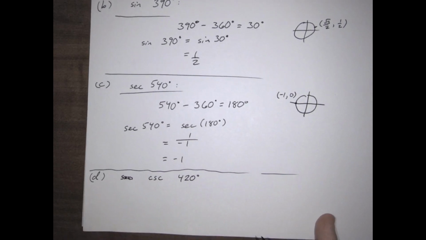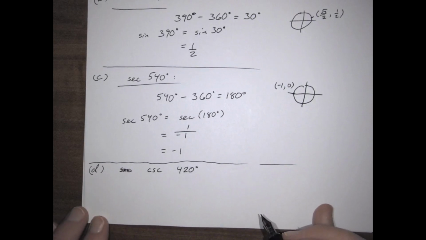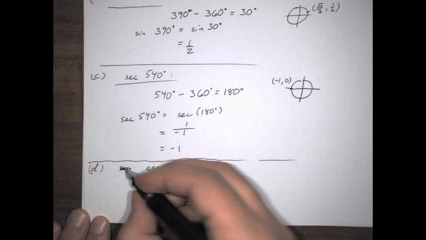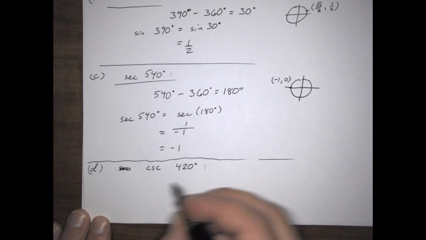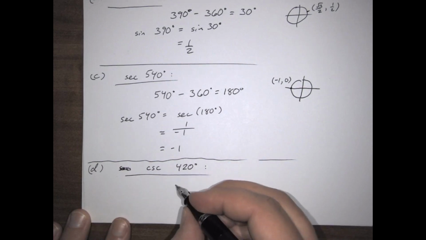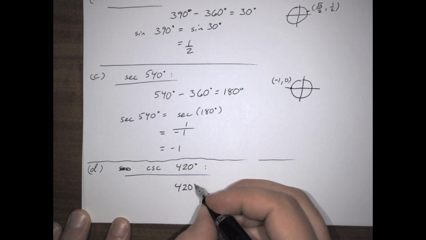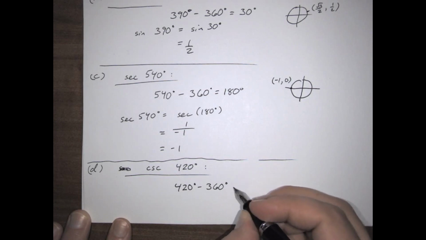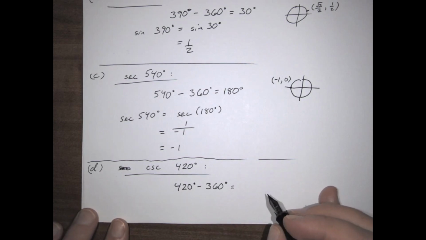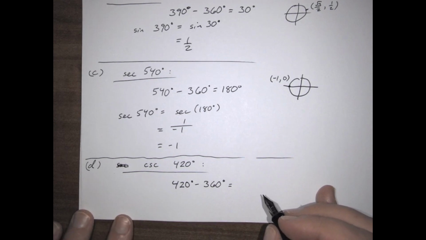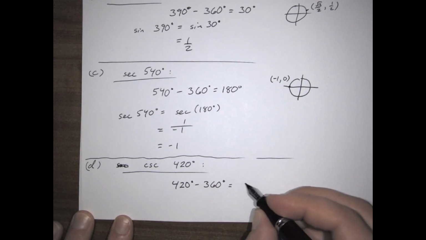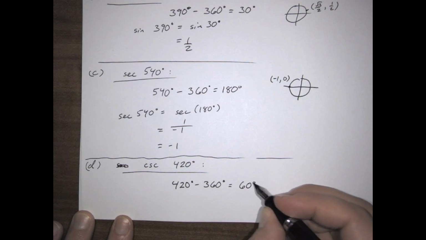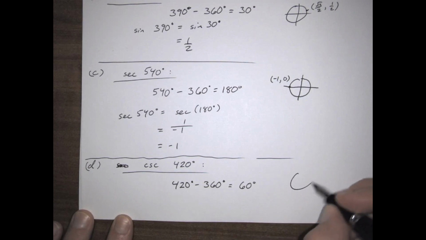And after this, we'll switch over to radians and try some in that form. So the cosecant of 420, again, we think, what is 420 minus 360? We just add or subtract 360 until we are within our usual format. So again, this is equal to 60 degrees, just like before.